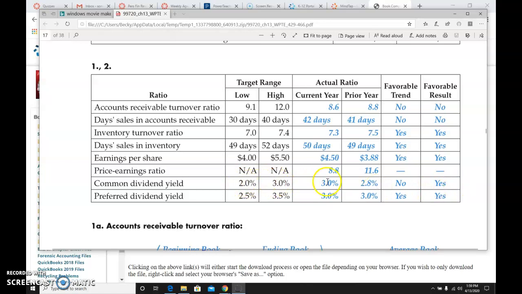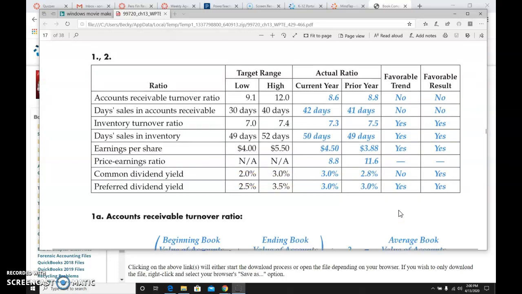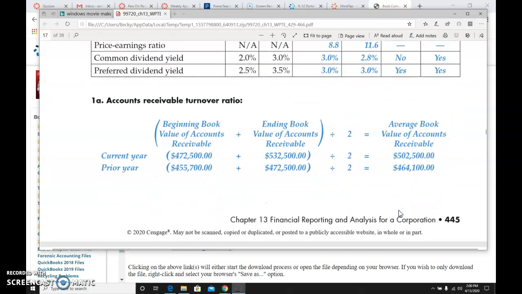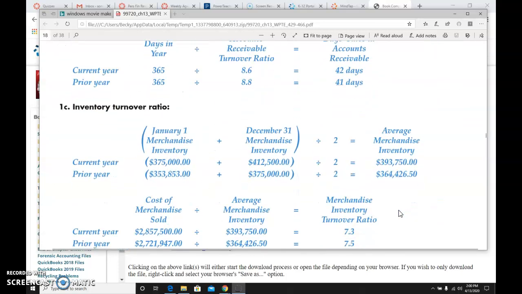Result is for sure good, 3%, 2 to 3. Favorable result, yes. And then the preferred dividend yield went from 3 to 3. That's a favorable trend. It's in our range, so it's a favorable result. So that takes care of the second step.